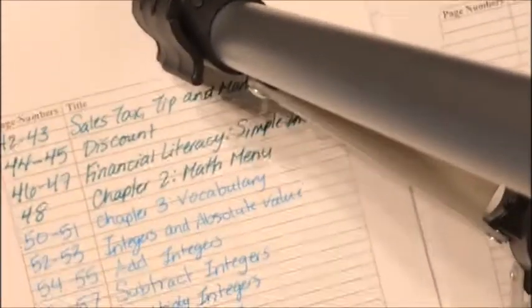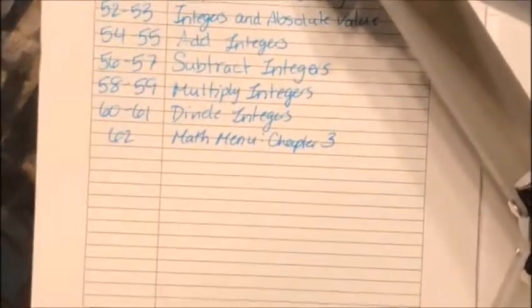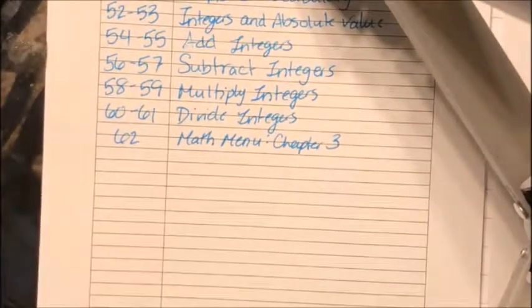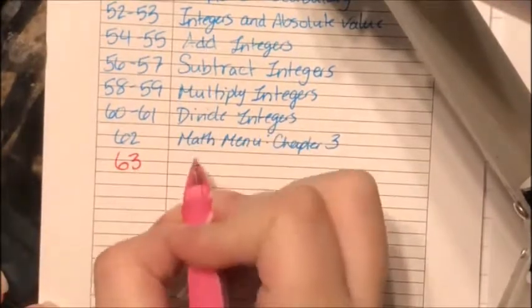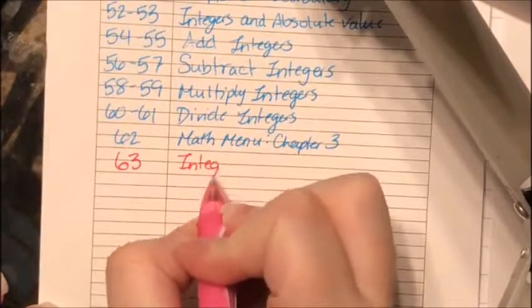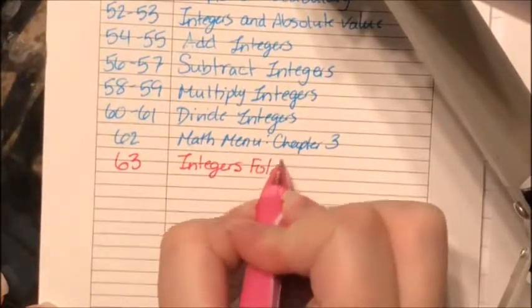So now that we've done that, we're going to go back to our table of contents, and we're going to fill in our table of contents. So on page 63 was the integers foldable.